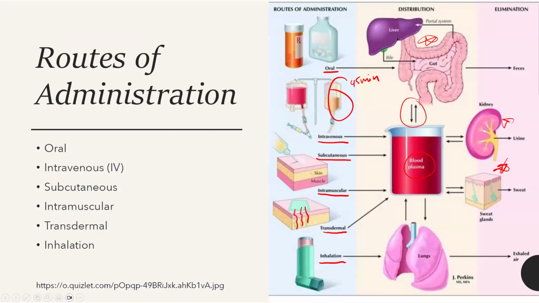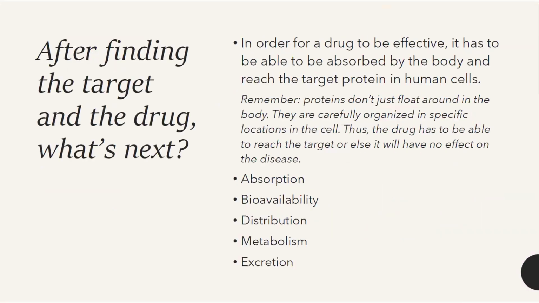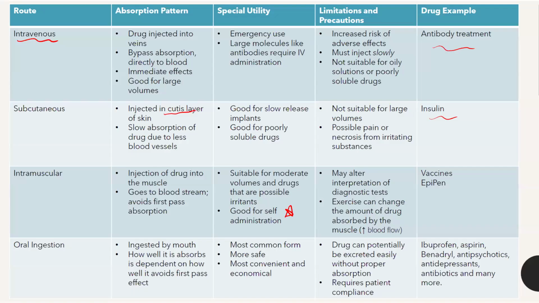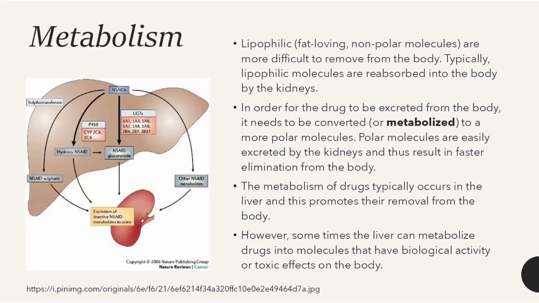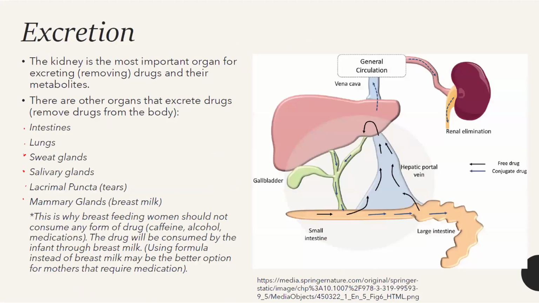If there's one most important thing on this slide, I think those first two things, absorption and bioavailability, are things that I would definitely have good definitions on. So that's what I wanted to cover for this. We will get into talking about drugs and their design a little bit later, but these are all of the important things that you need to know about how drugs are processed.